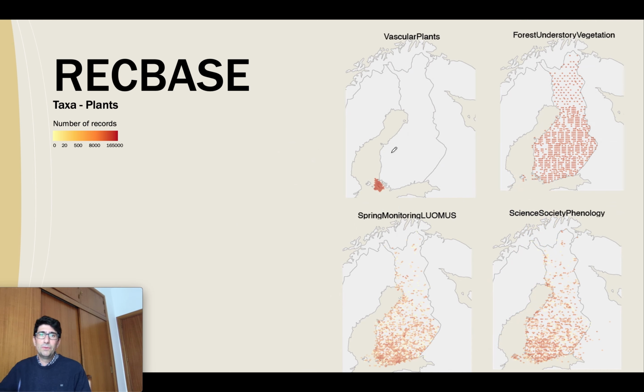As I told you before, vascular plants is a very local dataset. It's only in the archipelago. Then there is forest understory vegetation with a special pattern in the south and in the north, and spring monitoring laws and science society technology with a very similar pattern.